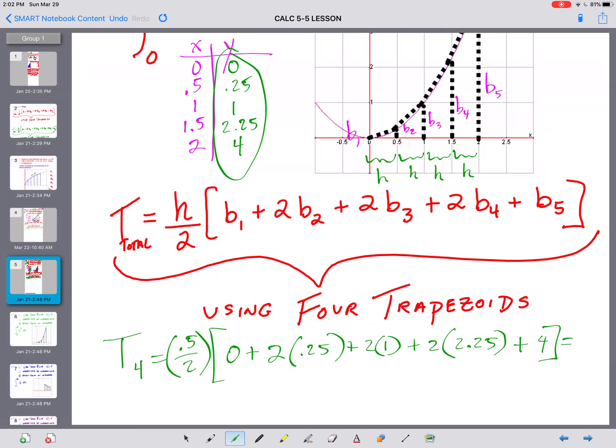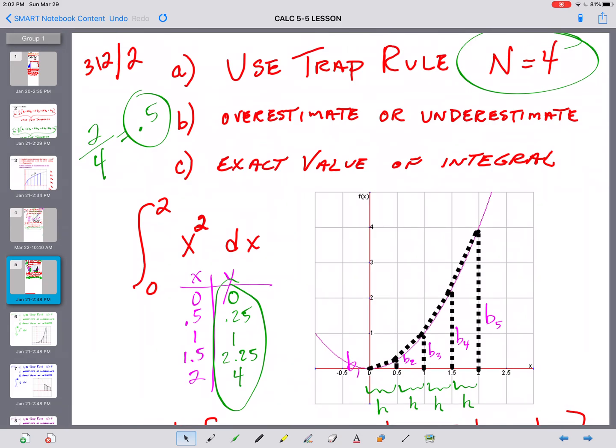There we go. Equals a grand total of 2.75. Here it is, our answer on that one is 2.75.